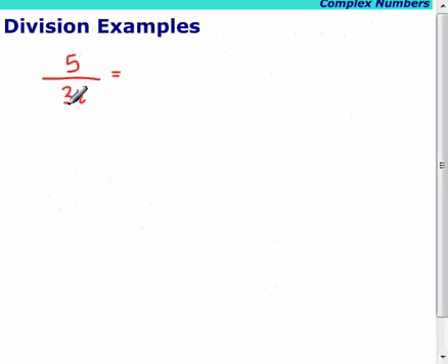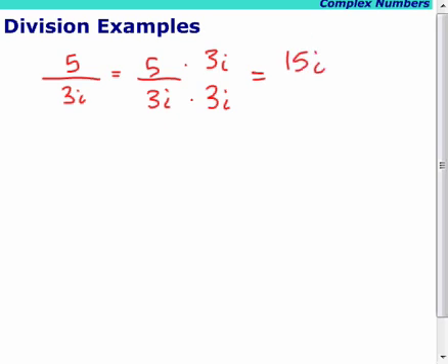If I see 5 divided by 3i, I can't simplify the 5 and the 3, but this I sticks out. So what I need to do is multiply both the top and the bottom by the conjugate. In this case, I simply need to multiply the bottom by 3i and the top by 3i. So on the top it becomes 15i, and on the bottom 3i times 3i is 9i squared.